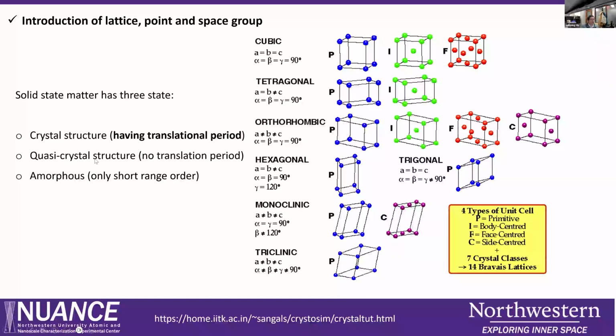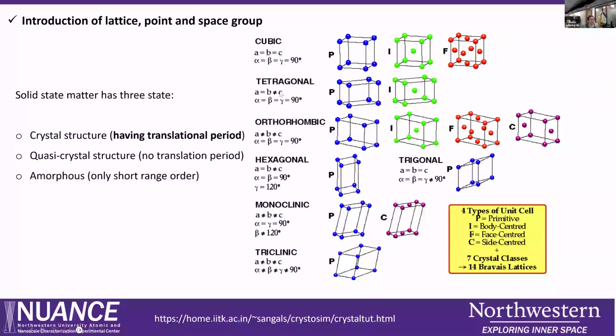That is more complicated. For the crystal structure, there are usually 7 crystal classes: cubic, tetragonal, orthorhombic, hexagonal, monoclinic, triclinic, and trigonal. For each class, they have a, b, c, alpha, beta, gamma. a, b, c are the lattice parameters, the distances, and alpha, beta, gamma are the 3 angles.